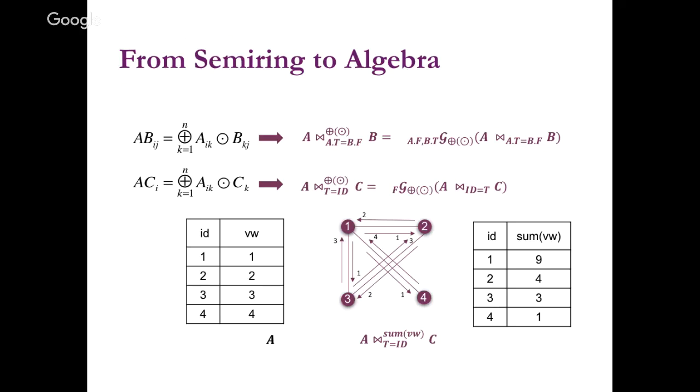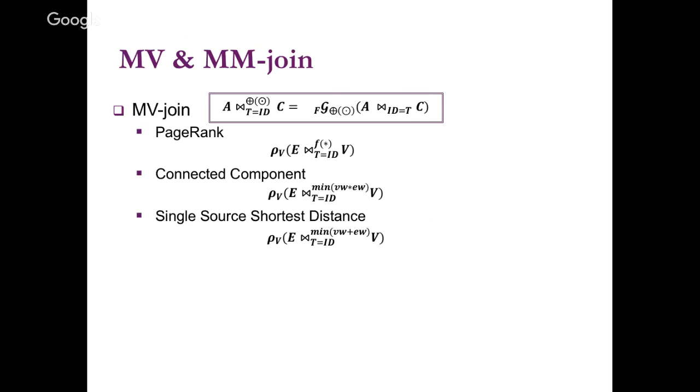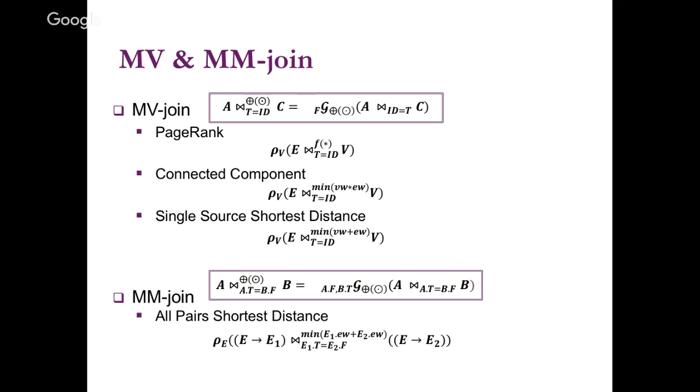The first step is to join A and C by the join condition. The second step is group by and aggregation. Given the proper operations of addition and multiplication of semi-ring, the MV join can support a range of typical graph algorithms. And MM join is regarded as a high-dimensional version of MV join, where each vertex holds and computes a vector instead of a scalar.